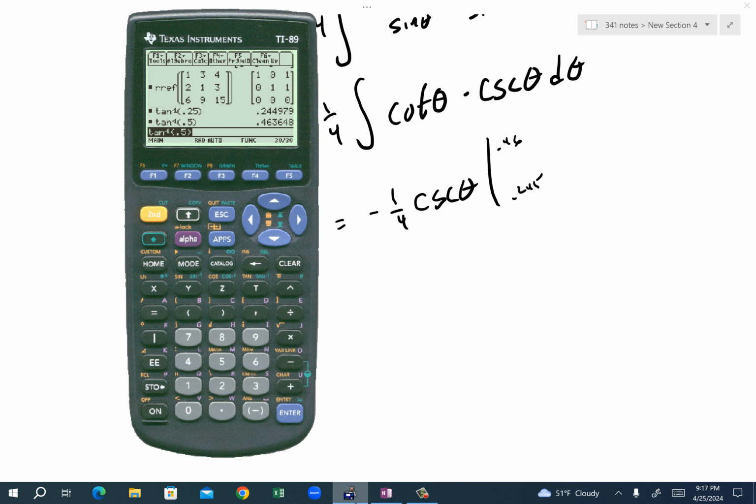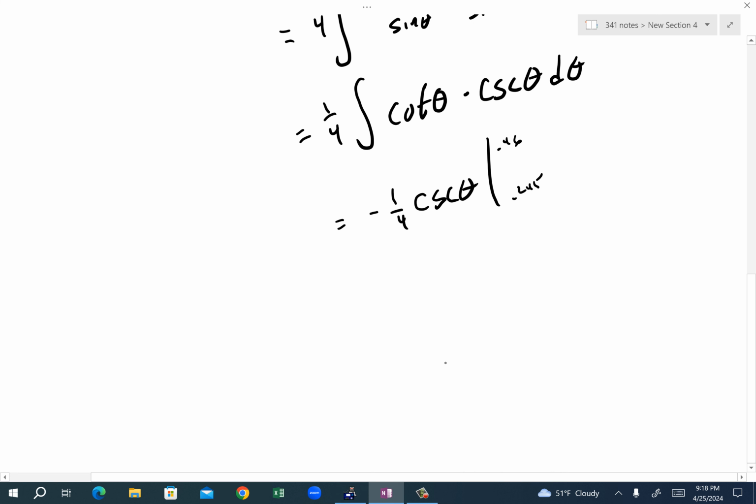How do I do cosecant on the calculator? Don't look in the catalog. Here's what Mr. Groom is going to do. I take sine of 0.46, and then 1 divided by that gives 2.25 on the top end.